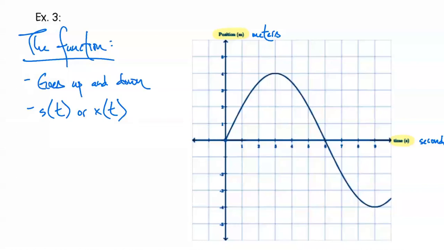The highest point is at 4, the lowest point is at -4, and those values would represent position. So we could say that y values represent position, okay?